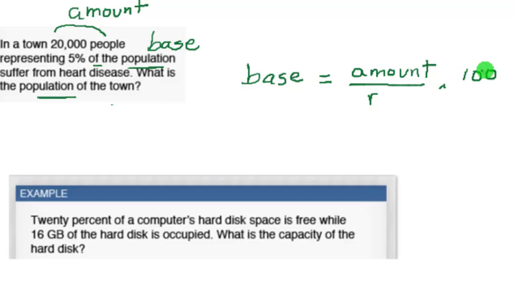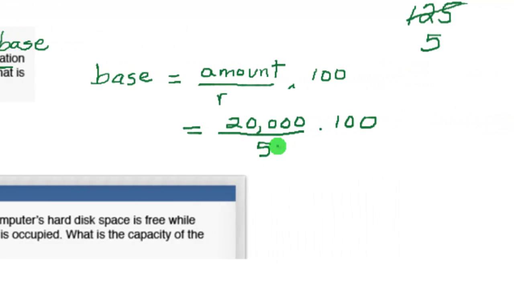Okay, so 20,000 over 5 times 100. And 5 goes into 100, you know, I like to reduce these fractions if I can, 20 times.